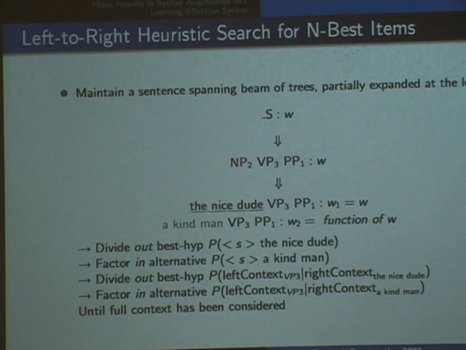In practice, it could even be up to the second non-terminal, but we simply go up to the first place where we need to keep tracking. So if these non-terminals are very small, you could potentially have to bridge one, but it's a constant factor. So we factor out the estimates that we made and factor back in these alternatives. And we do this until the full context has been considered.